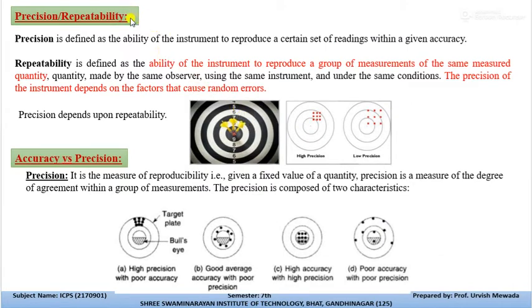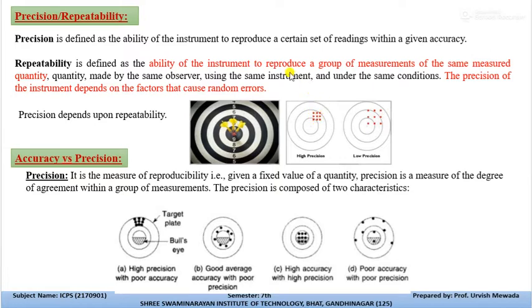definition of the static characteristic is precision or repeatability. First of all, what do you mean by precision? Precision is explained by this diagram. High precision means all the darts are together, not necessarily at the bullseye but very close to each other, and low precision means the marks of the darts are far apart compared to this diagram.